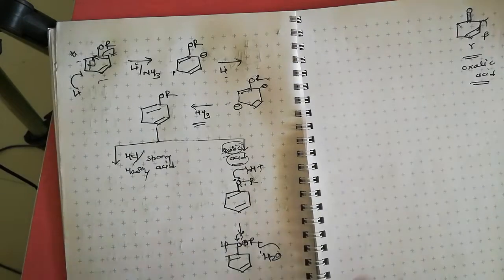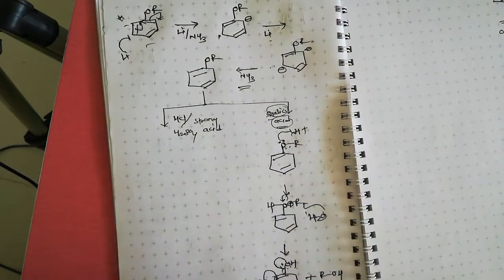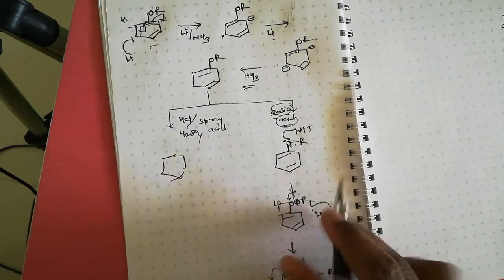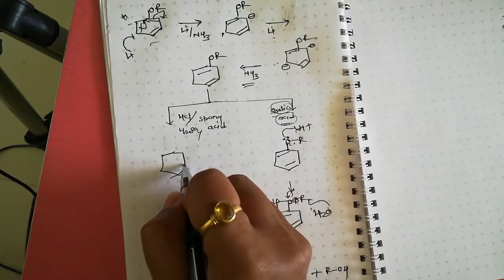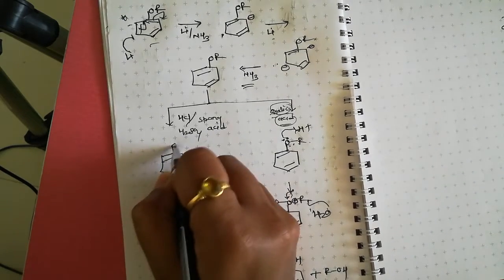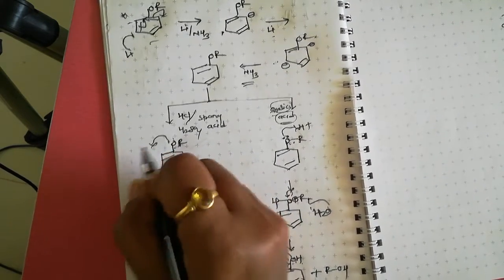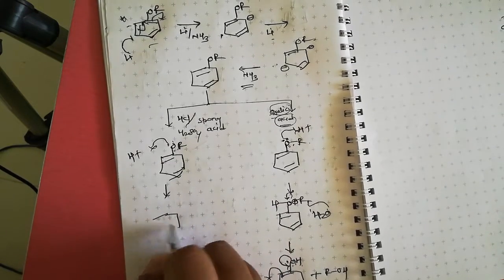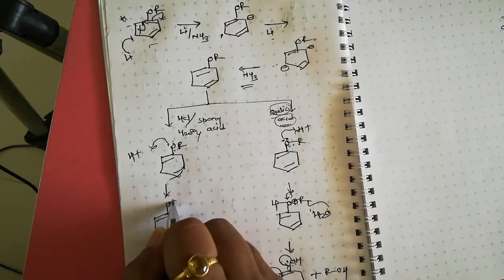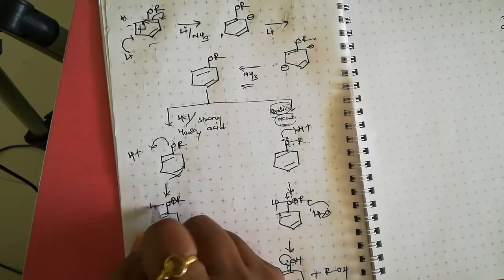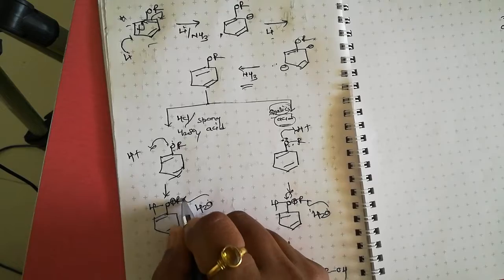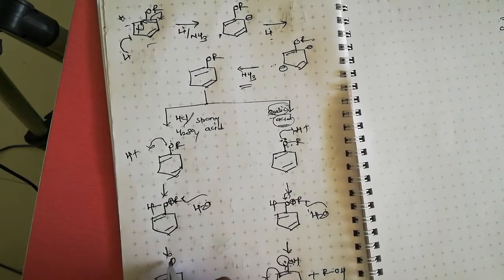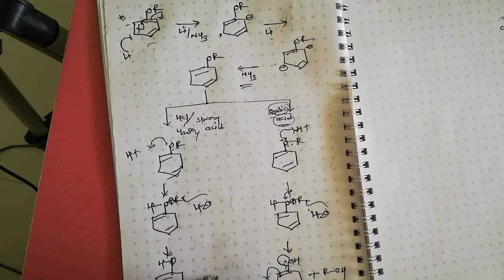Now we can see for the strong acid. If there is a strong acid, this mechanism is the same. Here the acid consists of proton, the oxygen lone pair attacks this H plus ion and we get here O plus R, here H. Then water from the acid attacks this R group, then we get here OH and ROH.